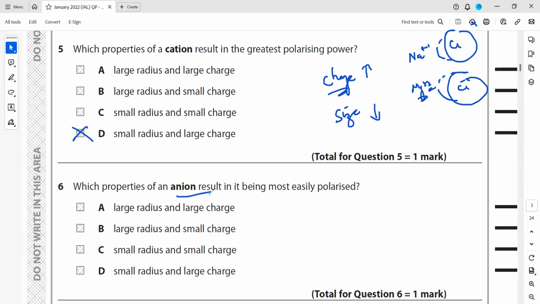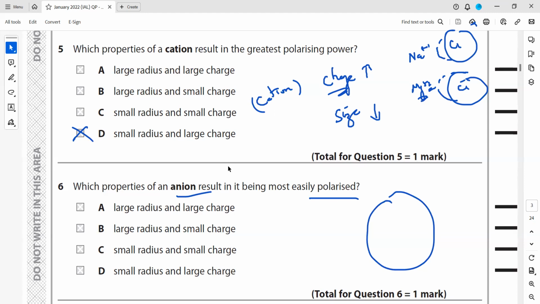Which properties of an anion, the negative ion, result in it being easily polarized? When we talk about the cation, the positive ion, for maximum polarization the charge should be large and the size should be small. But what about the negative ion? For maximum polarization, it should have a larger radius and also a large charge, because large charge means more electrons.